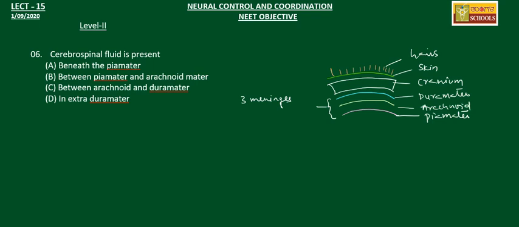Between the arachnoid and pia mater, we will see the presence of cerebrospinal fluid. Below the pia mater, we will be seeing the brain. So it is these two, arachnoid and pia mater, that enclose the cerebrospinal fluid.